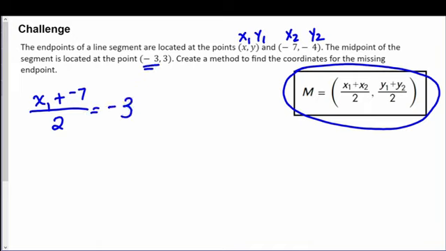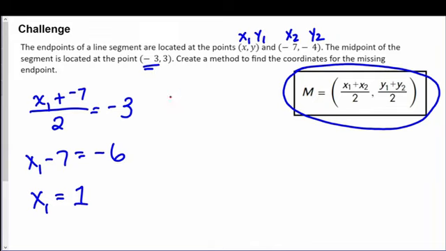So I can create an equation here that I can solve to find the missing x coordinate of the endpoint. So if I multiply both sides by 2, I get x1 minus 7 equals -6, and then I can add 7 to -6 to find out what my x1 is. x1 is +1.